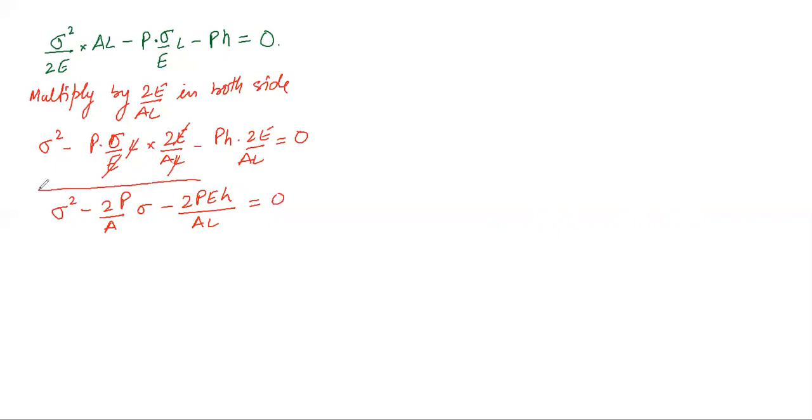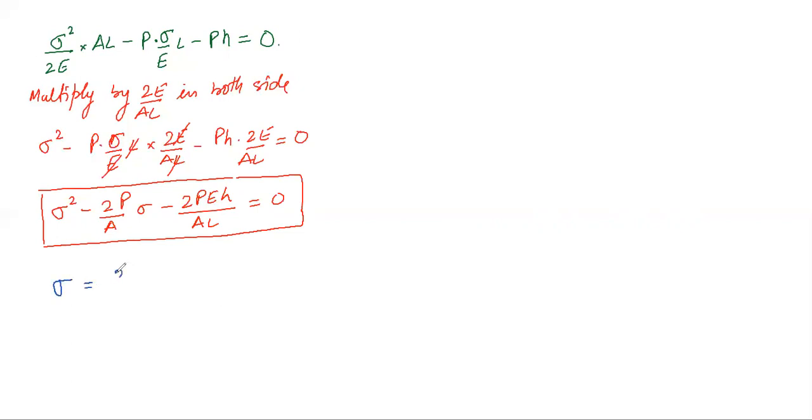Now you can see that this is a quadratic equation, and based on this quadratic equation you can find that sigma has two values, right?